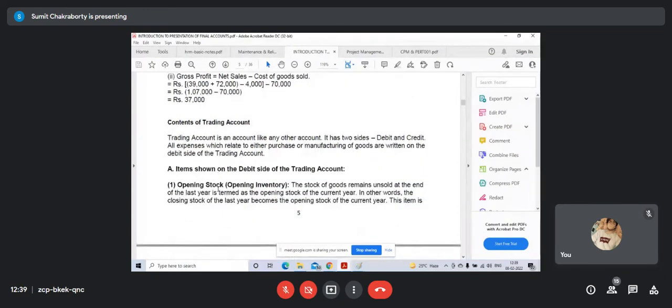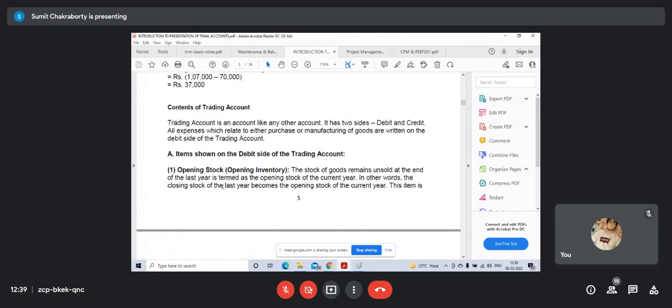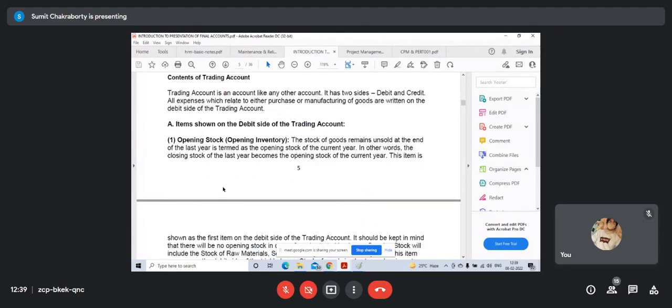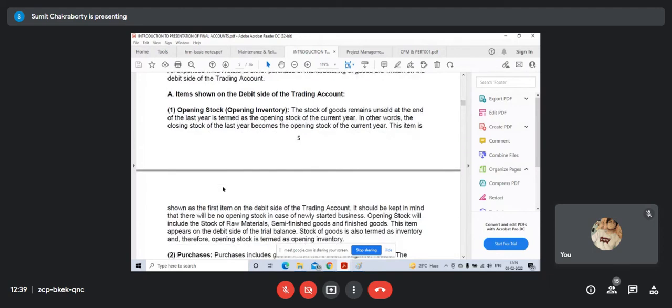Now we will not calculate gross profit here; we will calculate gross profit or gross loss in a table format. So, items shown on the debit side of the trading account.